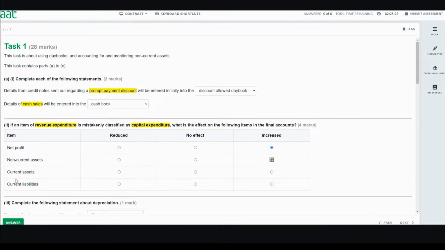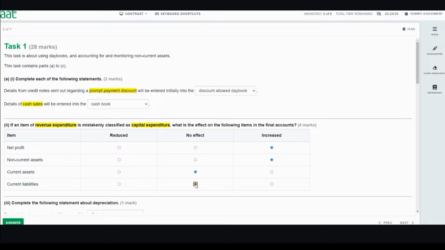The current assets, it would have no effect on them because it's not touching the current assets. Because remember, your current assets are items that the value will change every day, such as your inventory, trade receivables, your bank account if it's positive, and petty cash. Current liabilities won't be affected either because, again, we're not paying for anything on credit.